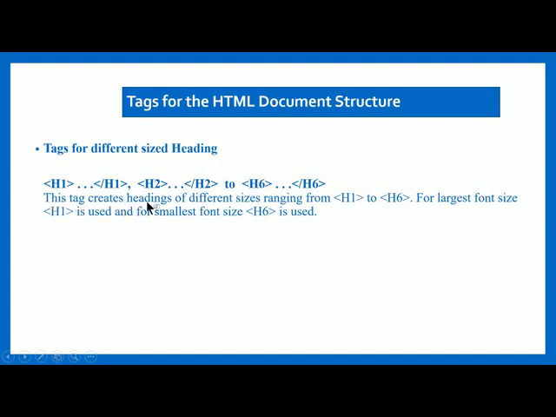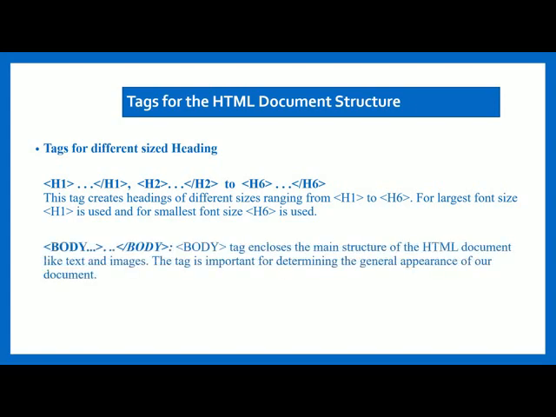This tag creates headings of different sizes ranging from H1 to H6. For the largest font size, H1 will be used, and for the smallest font size, H6 will be used. The higher the heading level number, the lesser its importance.